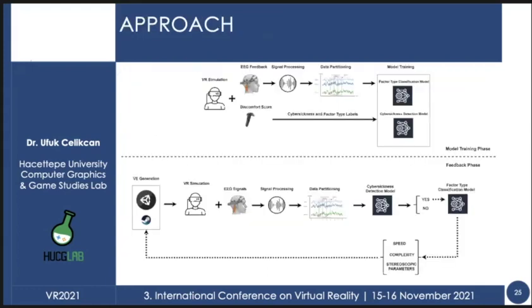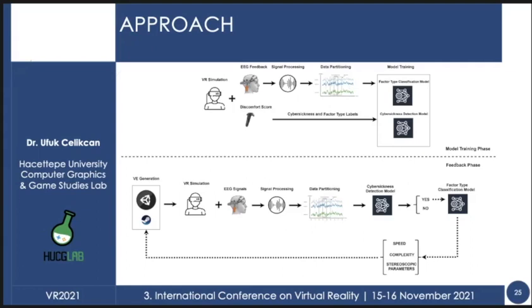Our approach consists of two phases: the model training phase shown on the top half and the feedback phase shown on the bottom half. In the feedback phase, CDMS is online. In the study for the model training phase, cyber sickness invoking cues of navigation speed, scene complexity, and stereoscopic rendering parameters were simulated separately with their predefined range of levels in the virtual environment where the participants are immersed.